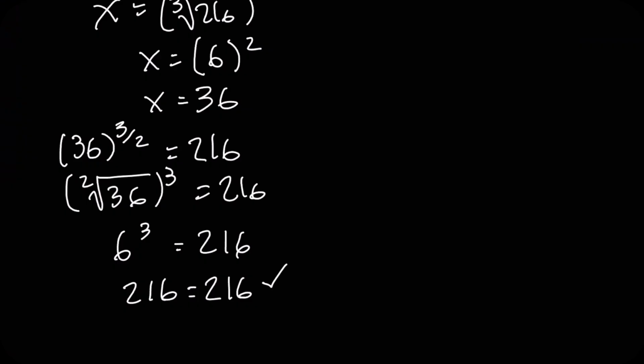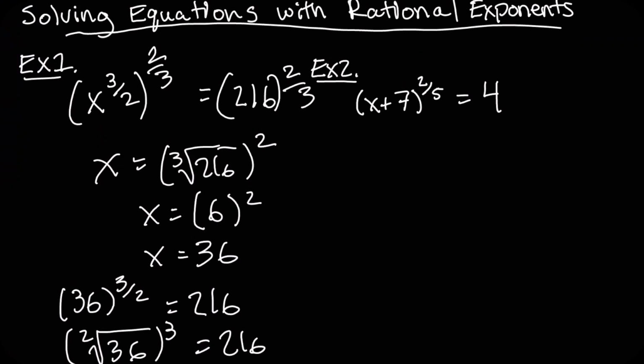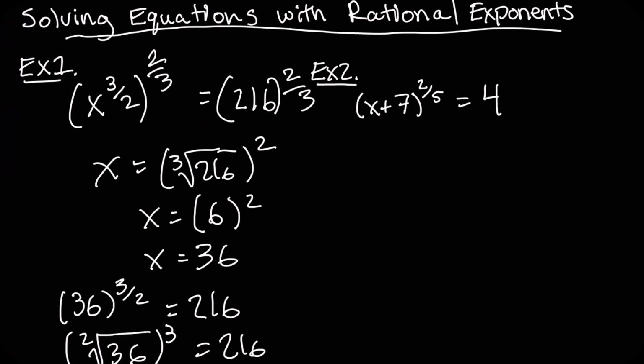And then let's look at our second example here. So x plus 7 raised to the 2/5 is equal to 4. Again, we'll take this one and raise it to the 5/2 on both sides. So this will leave us with x plus 7 is equal to the square root of 4 raised to the 5th power.